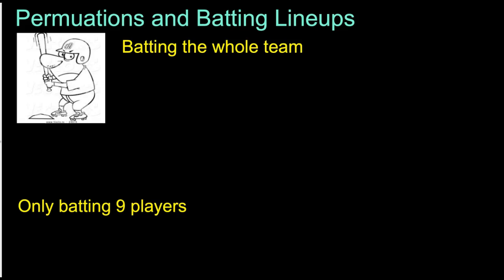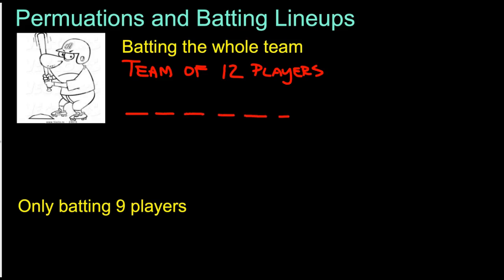So if we have a team of 12 players, how many ways can you set the batting order if all 12 players bat? Well, technically you don't really need a permutation for this, but I think it just makes the calculation cleaner.